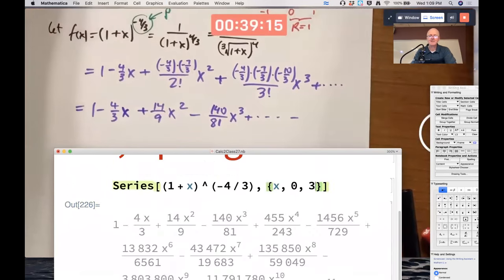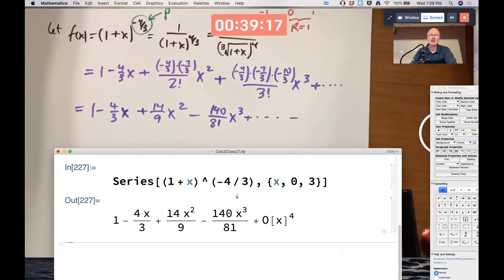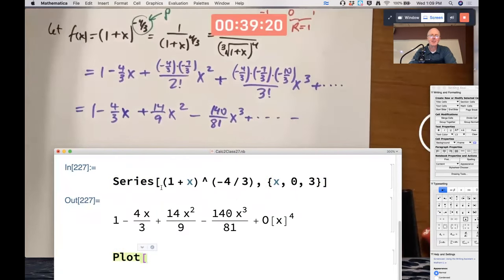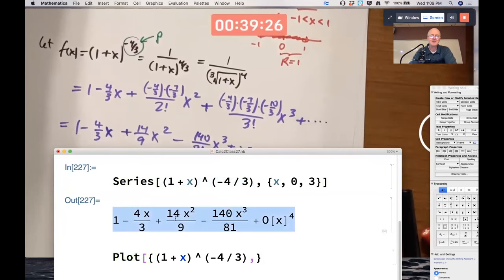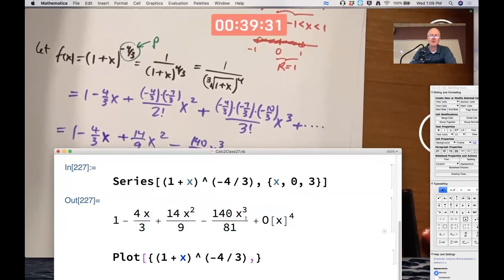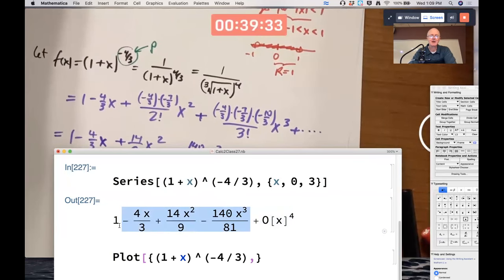Remember the point. The point is this is supposed to approximate this function. That might not seem like such a big deal since we have all this great technology. Why would I care about approximating the function 1 plus x to the negative 4/3 power? Come on, let me copy and paste.